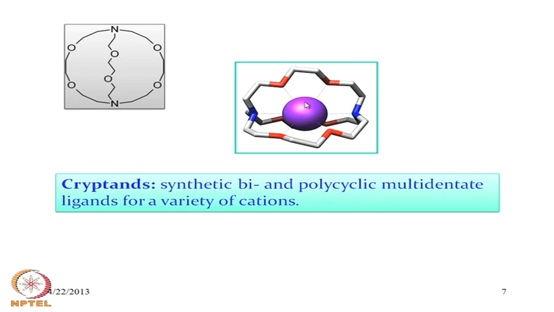So, you can see that in this structure, the coordination for this metal center is from 6 oxygens as well as 2 nitrogens. So, it is 8 coordinated. So, bigger metal ions like lanthanides can be very nicely placed within the cryptand pocket. Bigger ones as well as potassium can also be put in. So, as a starting point when we synthesize, the potassium salt can be made, which can be exchanged with the other lanthanide ions for the coordination within this particular cryptand sphere.